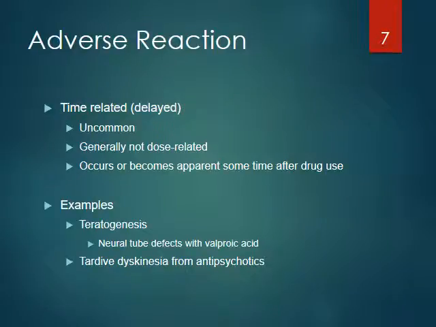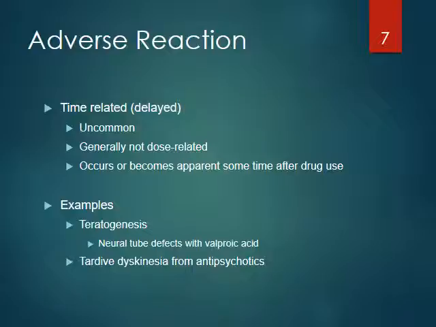You can have time-related or delayed adverse reactions. These are similar to the non-dose related ones in the fact that they're fairly uncommon, and you generally don't see it being related to the dose that's being administered. This is going to occur or become apparent sometime after the drug has been used for a period of time. A good example of this would be teratogenesis.